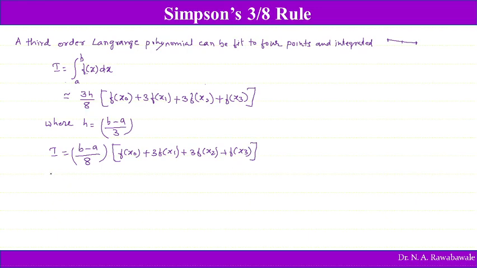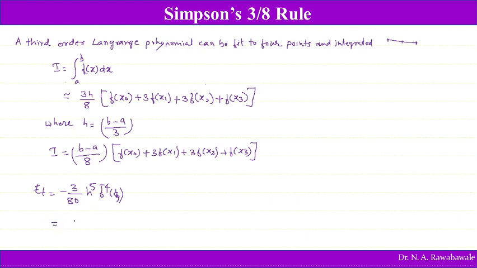In this case, truncation error for Simpson's 3/8 rule is given by minus 3 divided by 80 h to the power of 5 f bar of fourth zeta, or else this h can be substituted by b minus a.